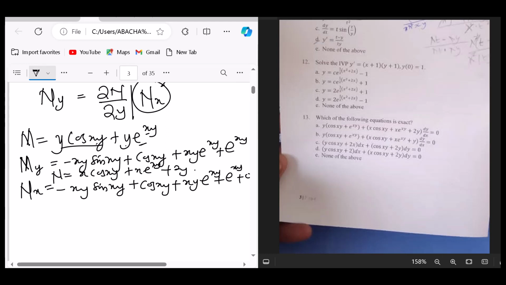So looking at these two things, they are the same.